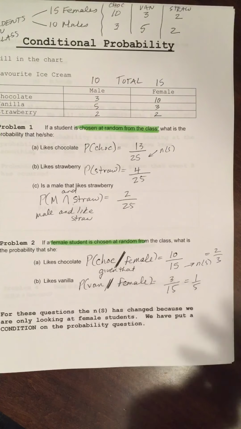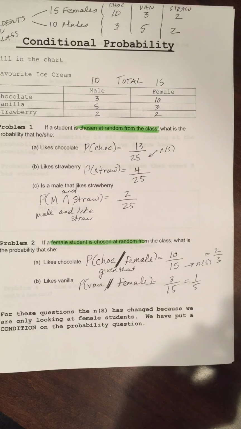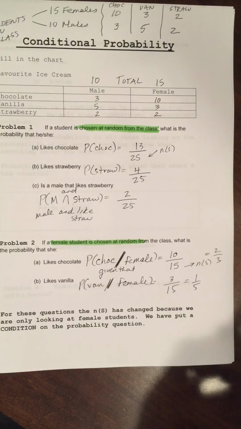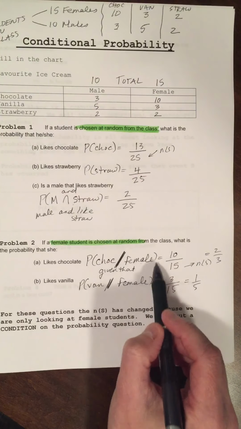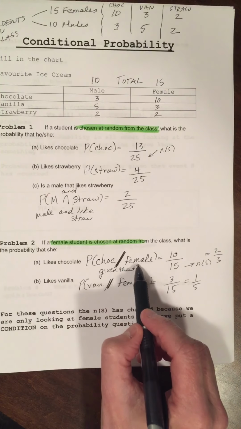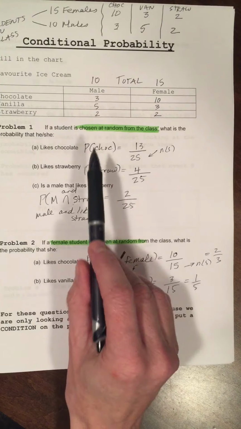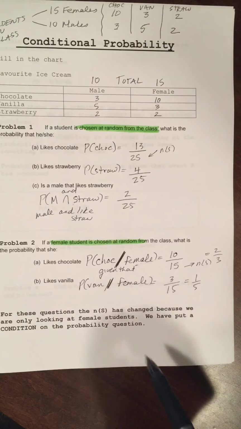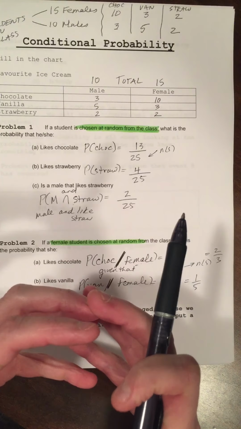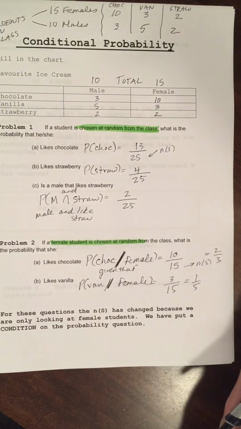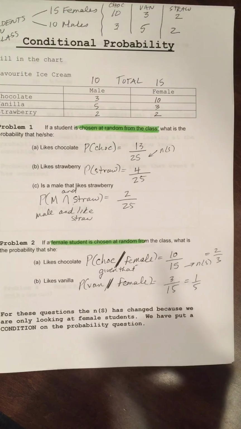This is what we call the classic conditional probability, because a condition is being put on, and the condition right here is the issue of being a female. You're not looking at the entire population. You're subdividing the population and then calculating a probability.